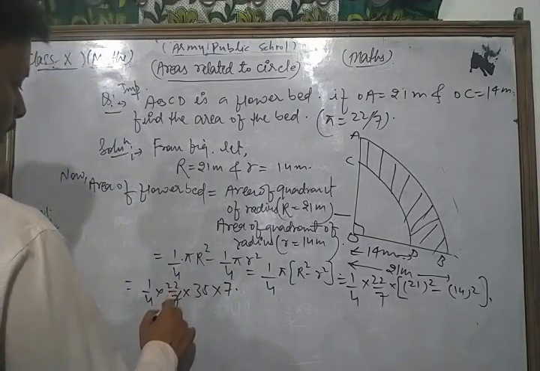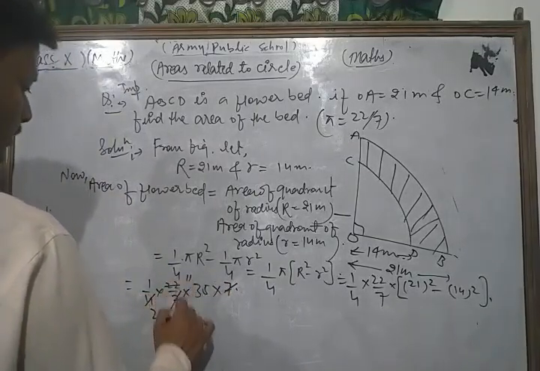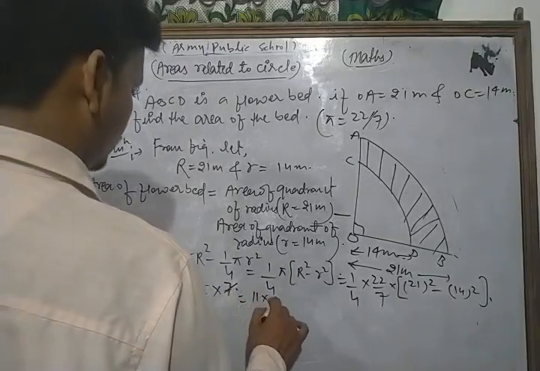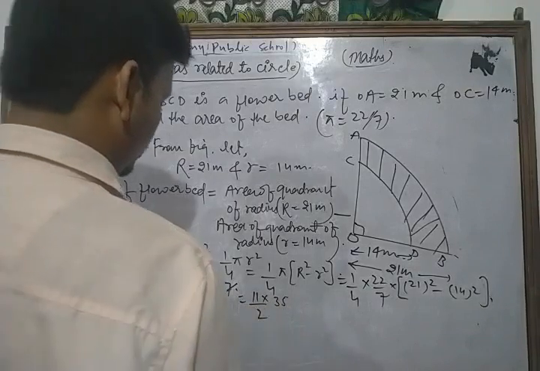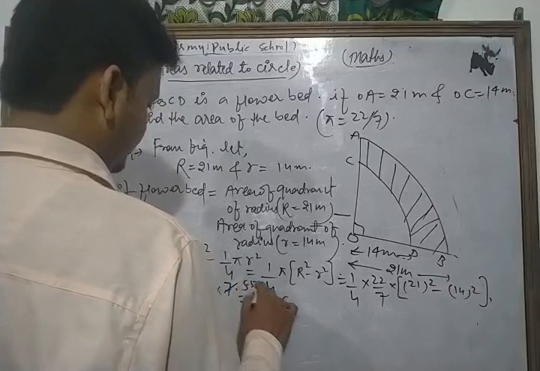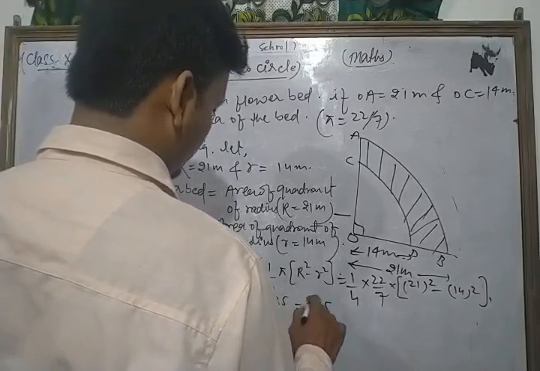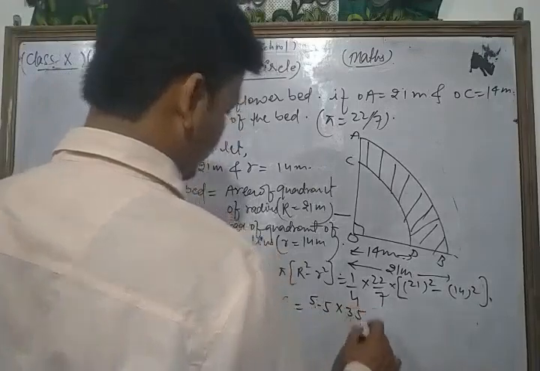Now look, the 7s cancel each other, 2 2s are 4, 2 11s are 22, so 11 into 35 upon 2, we get 5.5 into 35.